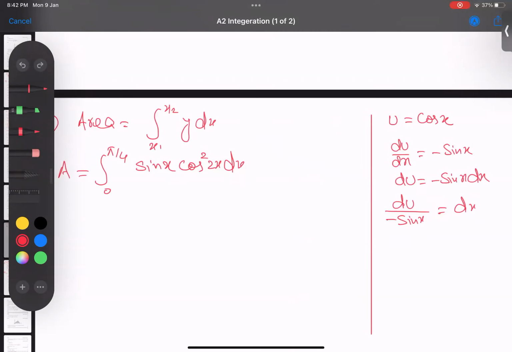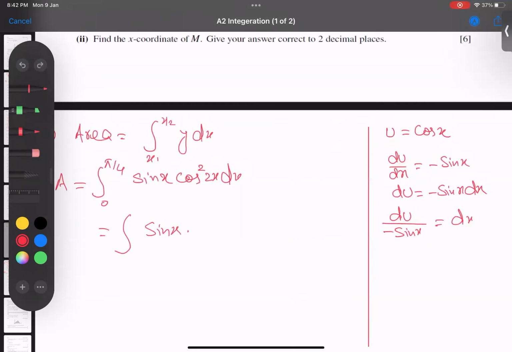So when I replace it, what happens then? Have a look here. Sin x as it is, but the problem is this is disturbing to us. What is the cos formula? We have three formulas of cos. I'm writing all.